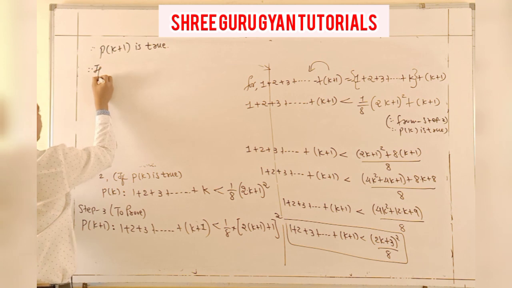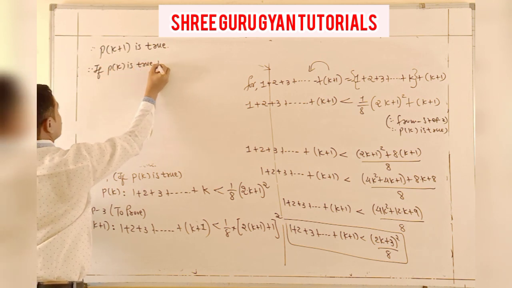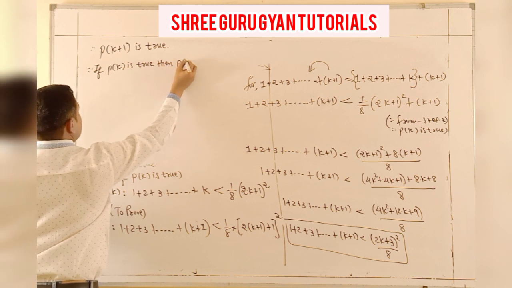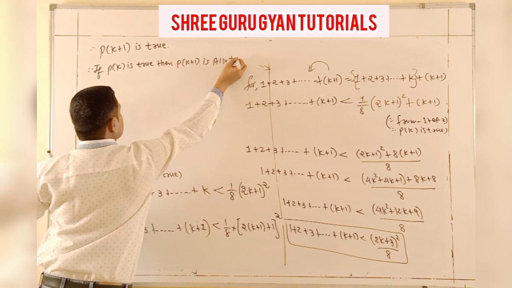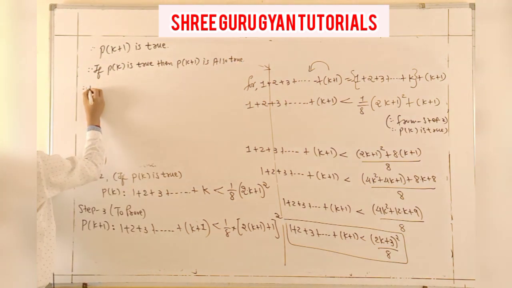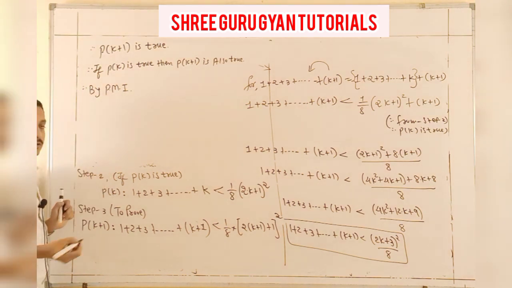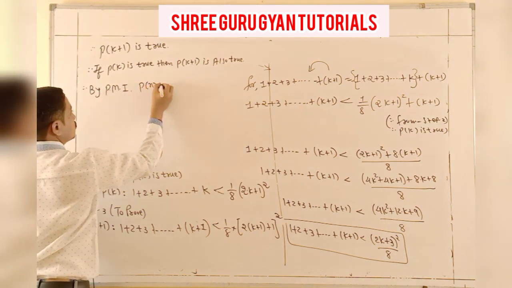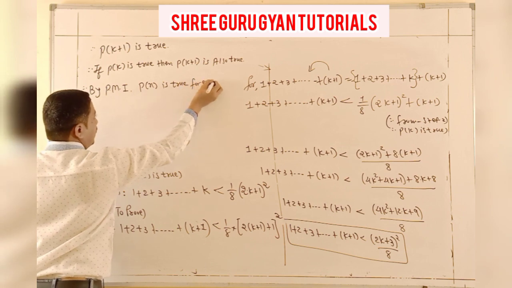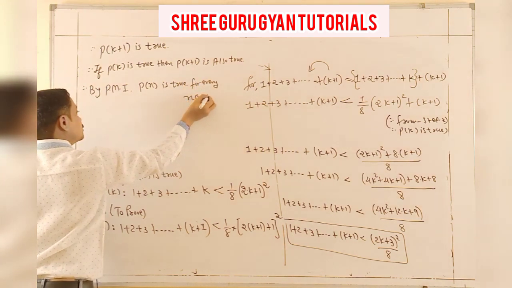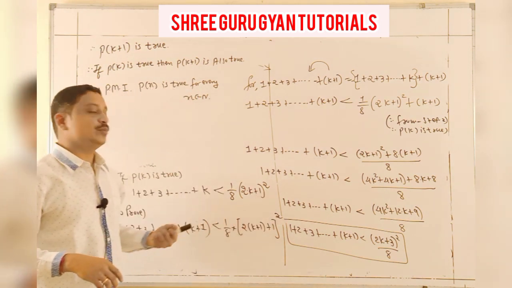Therefore, if Pk is true, then P of k plus 1 is also true. And lastly write down: so by PMI, Pn is true for every n belonging to natural numbers. Yes students, here our numerical is happily done.